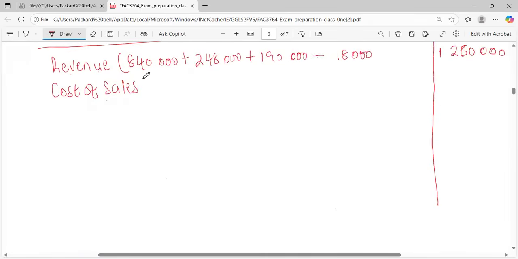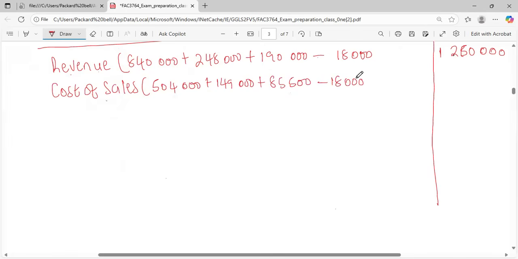It is going to be 504,000 plus 149 plus 85,500. What are we going to do with the intra-group sale? How is it going to affect our cost of sale? We're also going to minus the 18,000.